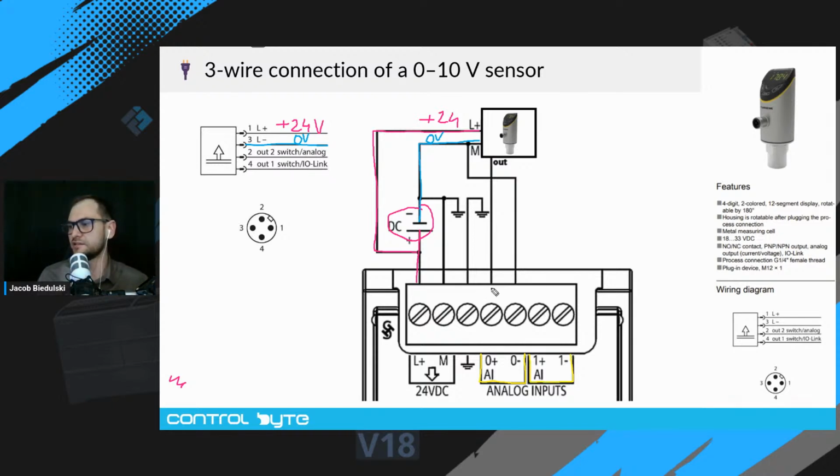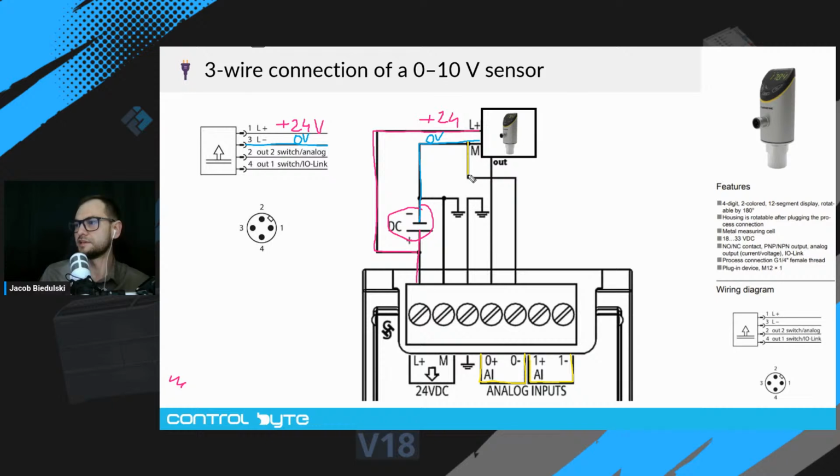We have to connect 2 wires to this module, to 0 minus and 0 plus. 0 minus, this is the reference potential for the analog signal. We have a 0 to 10 volts sensor, so it gives on the output the potential according to the common ground, okay?